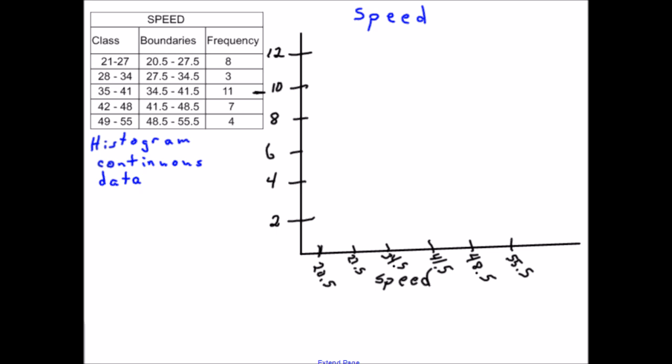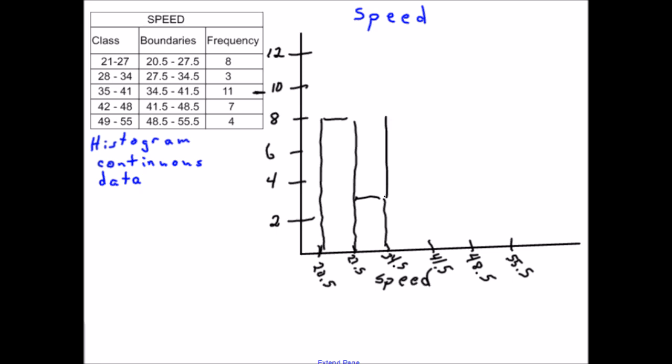Many of you are actually familiar with a bar graph, the only difference being a histogram, that first class having 8, the next class having 3. A histogram actually is side-by-side bars. They touch one another.